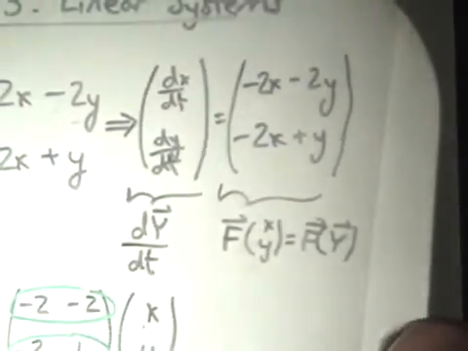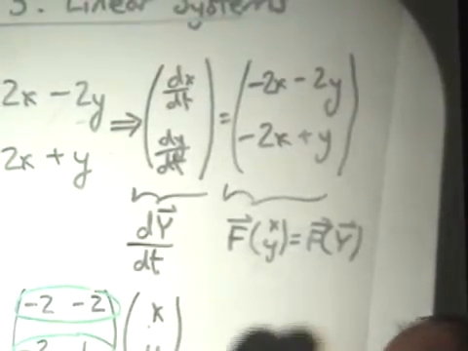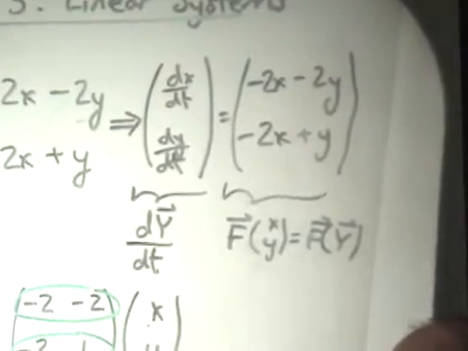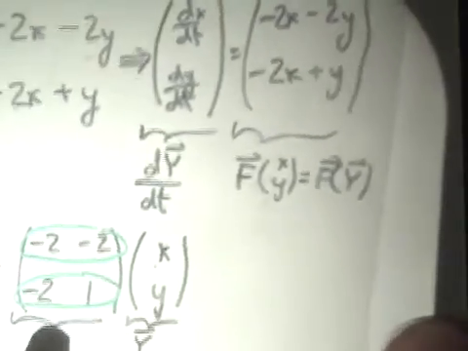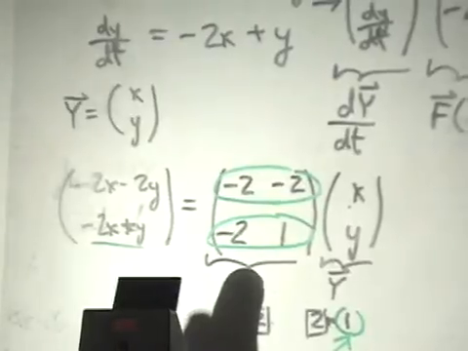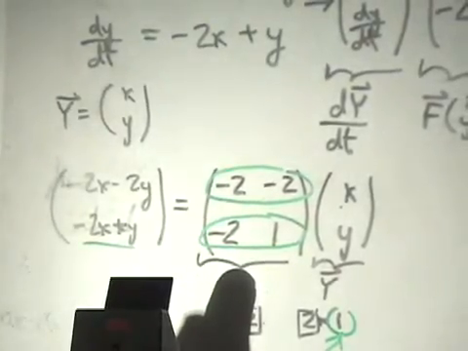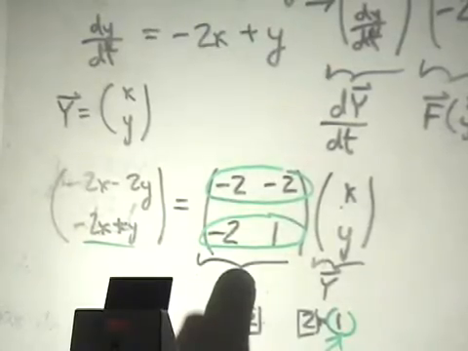The vector perspective is important for understanding how the vector field is related to the solution curves. And the matrix perspective allows us to focus on the coefficients of the x's and y's. In fact, those coefficients completely determine what the general solution is going to look like and what the phase plane is going to look like.